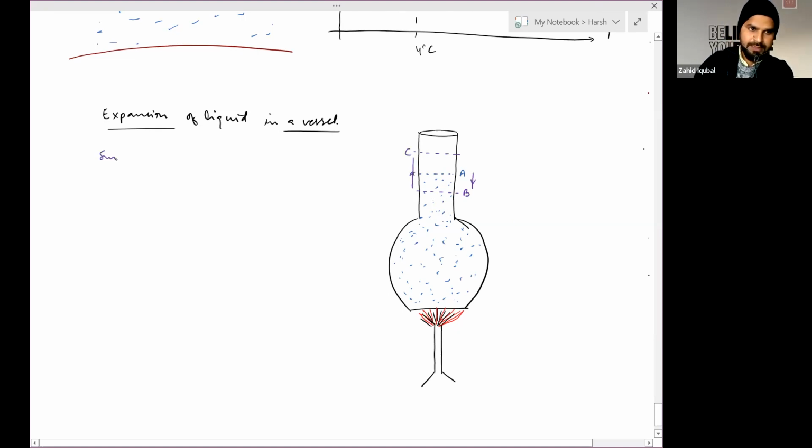So you'll say, since heat is being absorbed first by the vessel, it will expand first.